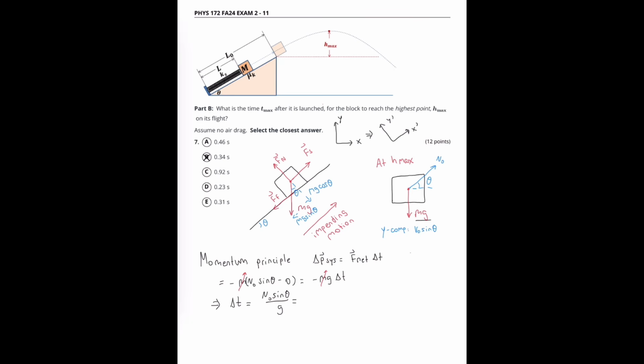We get 4.6 meters per second times sine 48 degrees, divided by 10 meters per second squared, and that will give us a final answer that delta t is equal to approximately 0.34 seconds. And this will correspond to answer choice B.